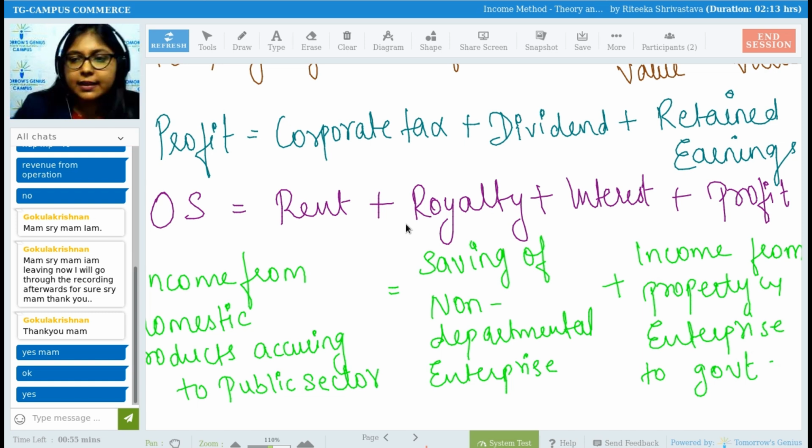That's all. These many formulas we have to remember for solving national income using income method.